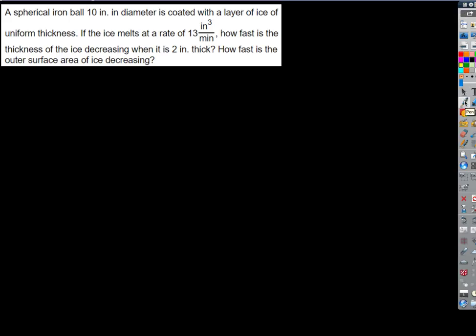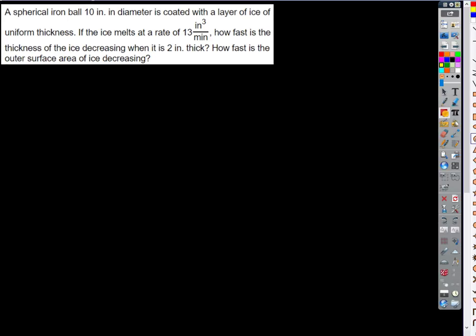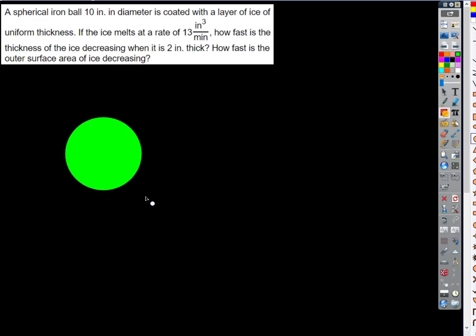Okay, so we've got a 10-inch diameter spherical iron ball, and it's coated with a layer of ice of uniform thickness.